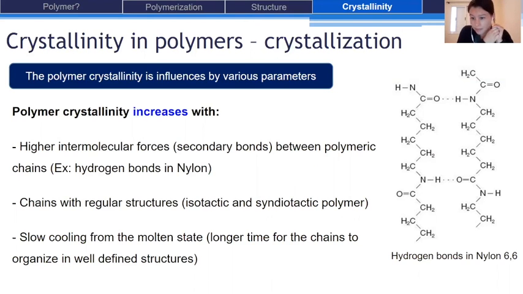On the contrary, if we have a molten polymer and we cool it very quickly, the chains won't have time to move and rearrange in order to form the crystals, and it will result in a very small amount of crystals in our semi-crystalline polymer. So you can see that we have different parameters that can favor the polymer crystallinity.